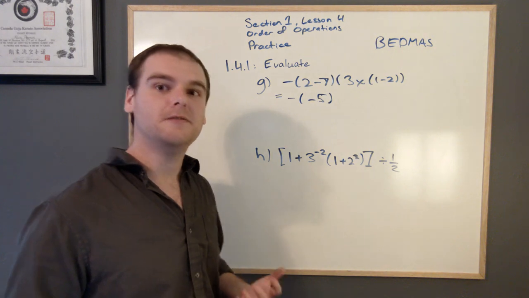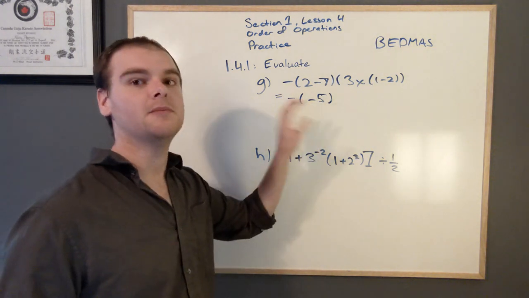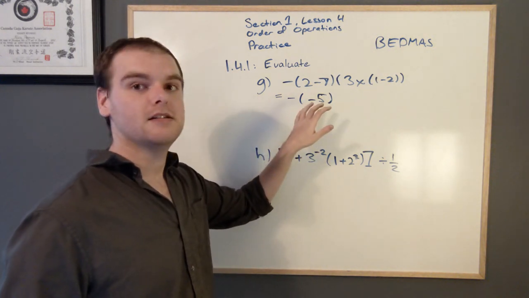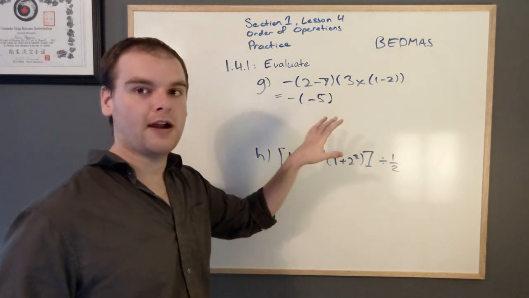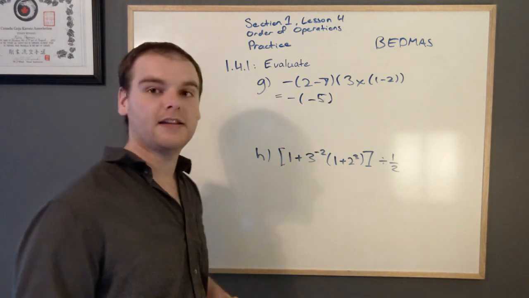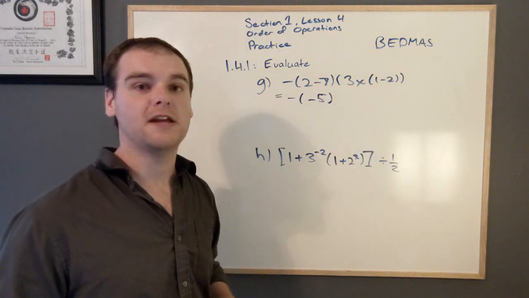I don't want to get them confused or anything, so I like to leave them in the brackets, even when I'm going to be adding them or anything like that, just so I don't lose track of those negatives.